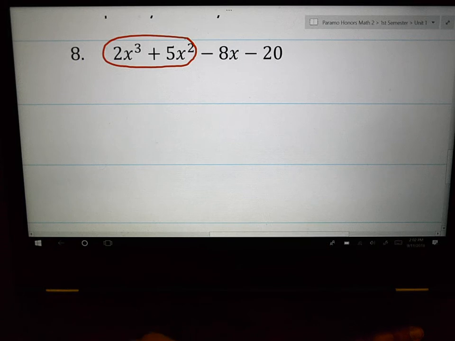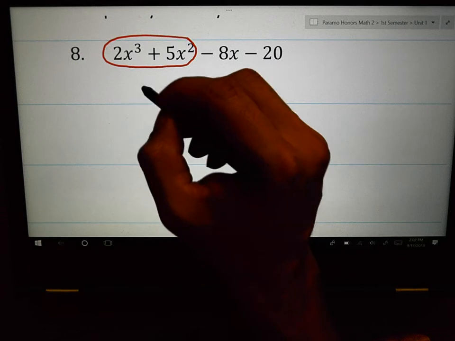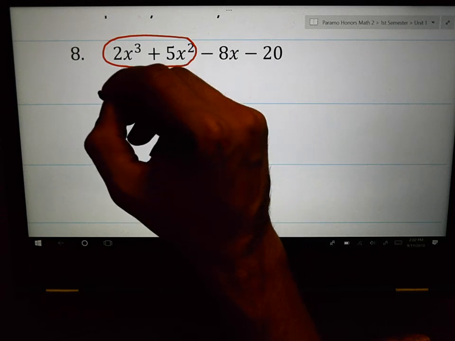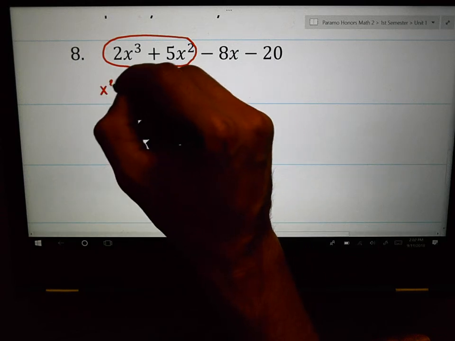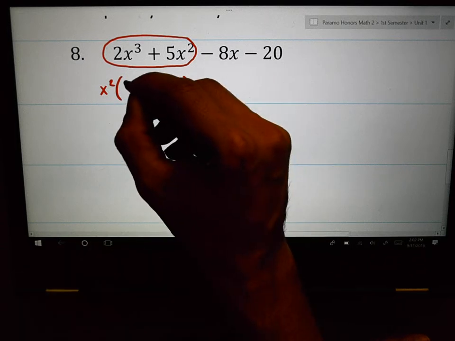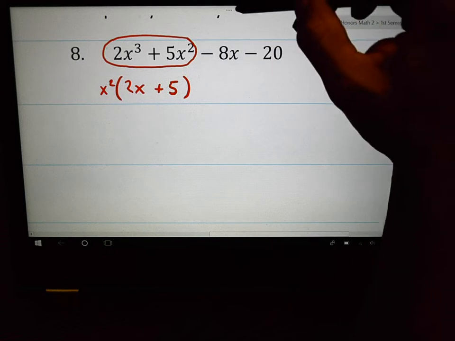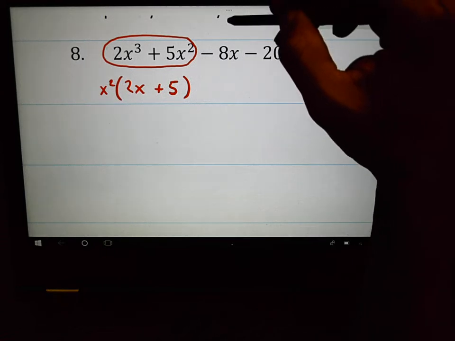Since there's 4 terms, we're going to try factor by grouping. We're going to make a group out of the first 2 terms and factor something out of it. What should I factor out? How about an x squared? I hope what's left behind is a 2x plus 5. Do you agree?